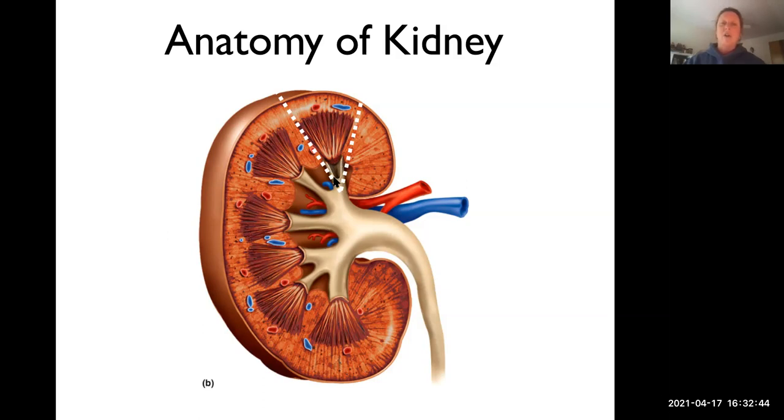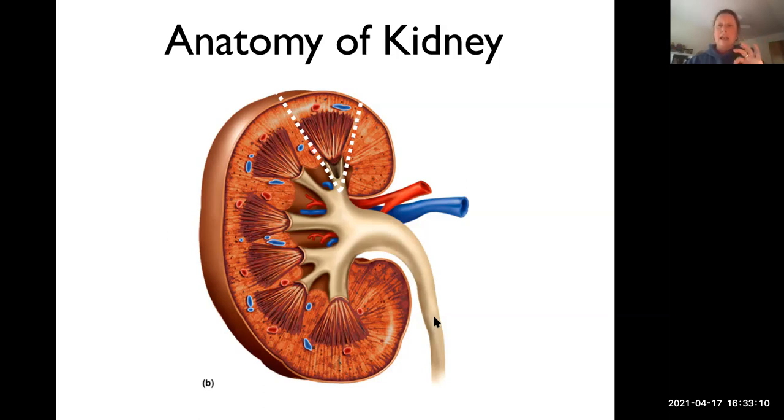And these are called the calyces. Calyx is singular. These calyces merge together to form a bigger and bigger calyx until it reaches a point of an enlarged tube known as the renal pelvis, and then that leads into the ureter. So that's the basic gross anatomy of the kidney.